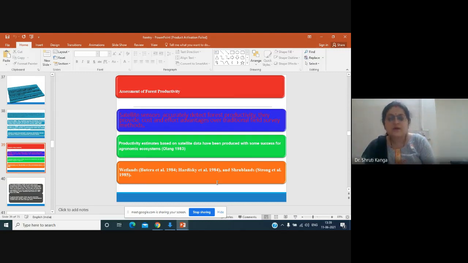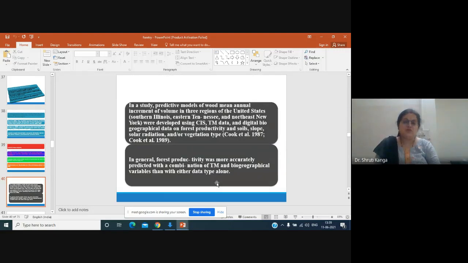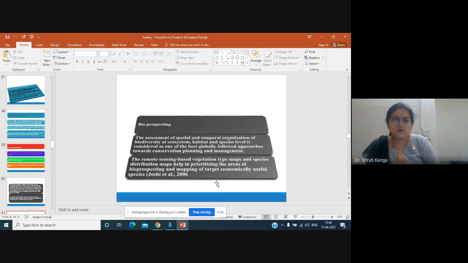To support this, productivity estimates based on satellite data have been produced with some success. Organic ecosystems, so there are many case studies you can find with reference to this also.